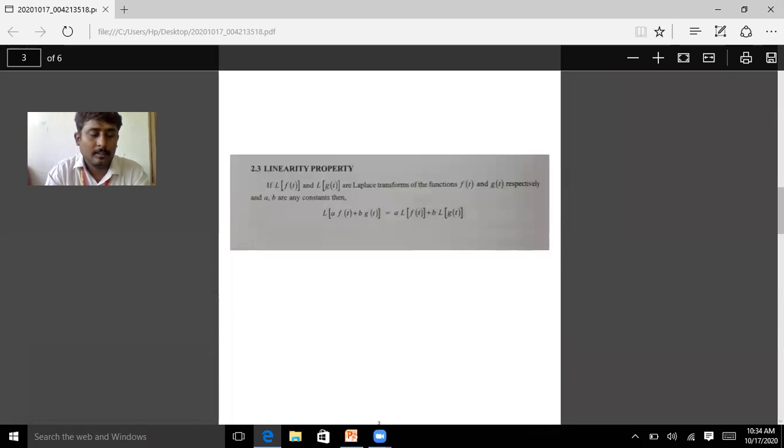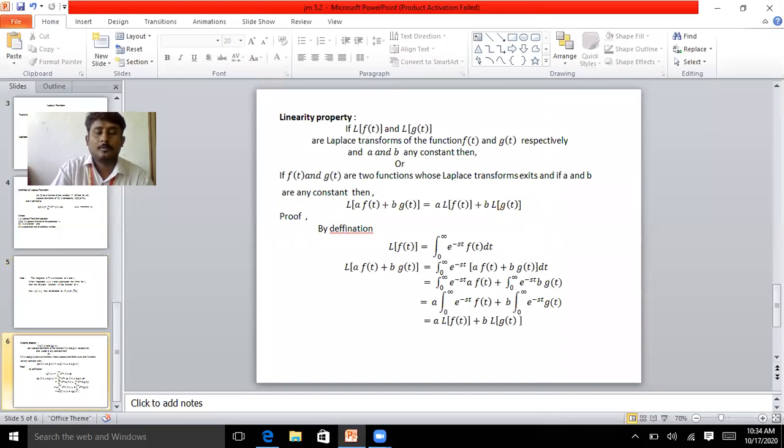So now here the main linearity property comes. Linearity property.